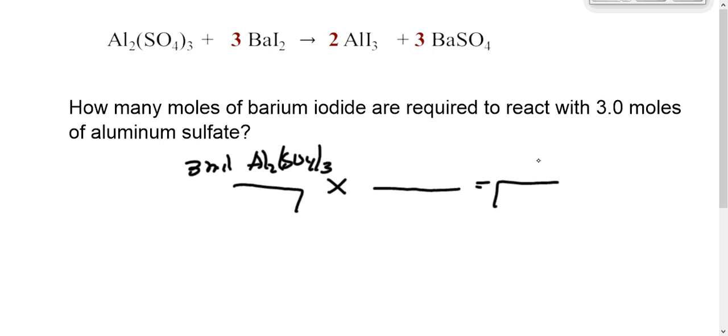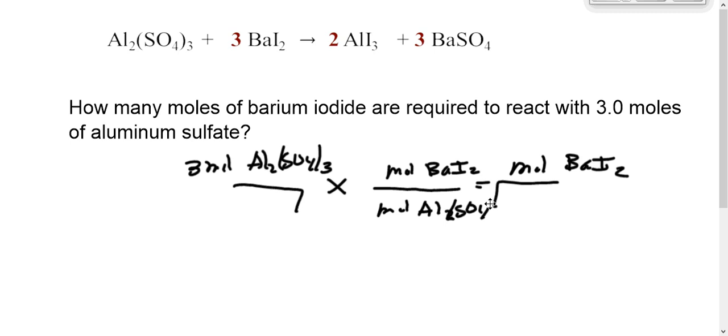And I want to know barium iodide moles. Okay, this one's on top, so I know I'm going to have moles of barium iodide on top. This one's on top here, so it's going to go down over here. Moles of aluminum sulfate.